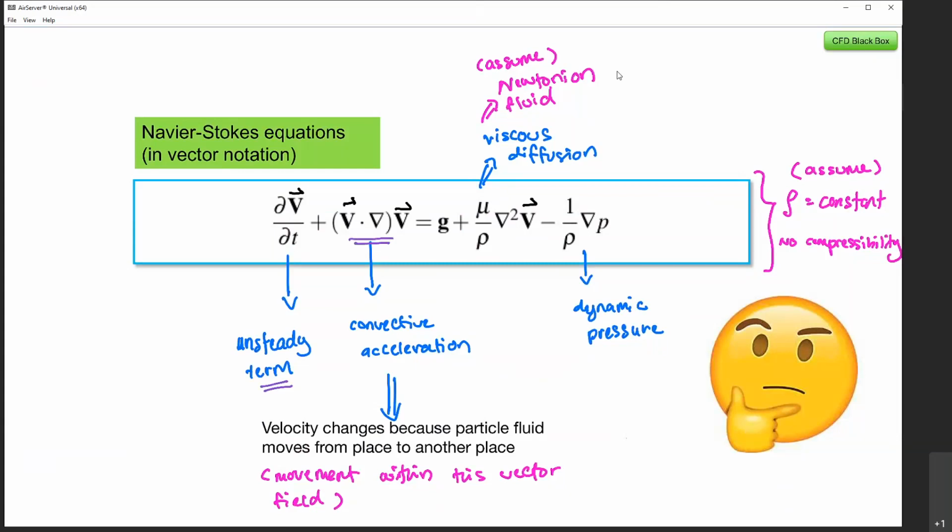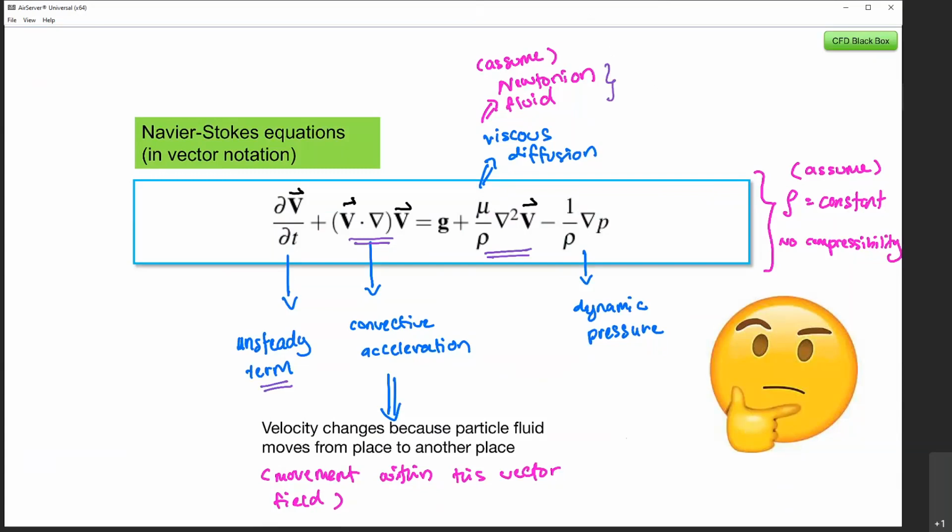And on the right side, we have the terms over here. This is based on the assumptions of a Newtonian fluid. This is the viscous diffusion term. To arrive at these equations, several assumptions need to be made. One of them is the use of a Newtonian fluid in this derivation.